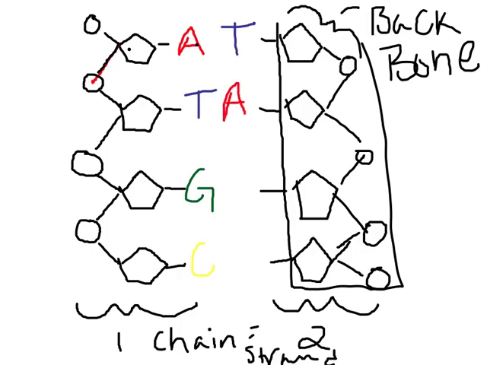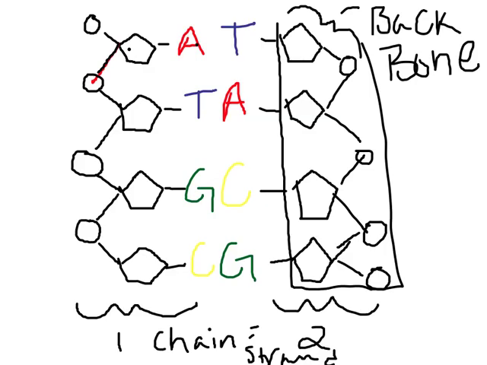We're just following along with your notes. G is going to go with C, and C is going to go with G, just like that. So this is basically what the molecule of DNA looks like all laid out.